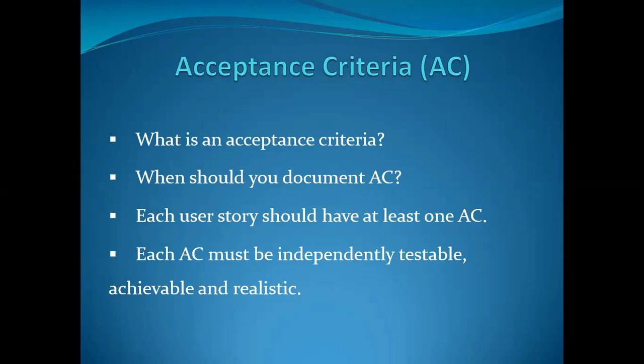Because if I just write anything and don't run it past the stakeholder, how will I know what they will be testing during the UAT? The UAT is user acceptance testing. How will I know? I don't read their minds.